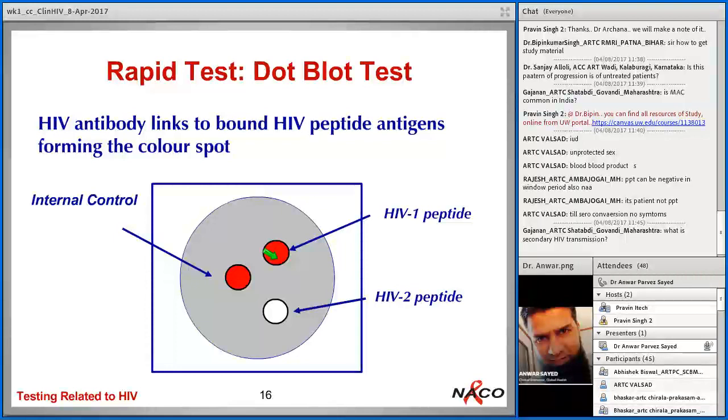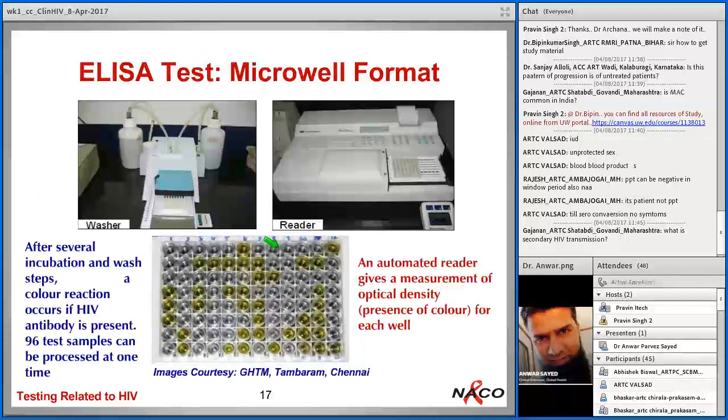If the blood sample has antibody, when a drop of blood comes into contact with this, there will be an antigen-antibody reaction, and there will be a change in color. If it changes color and matches with the control, then it is interpreted as HIV positive. So HIV 1 and 2 can be initially diagnosed by using tri-dot.